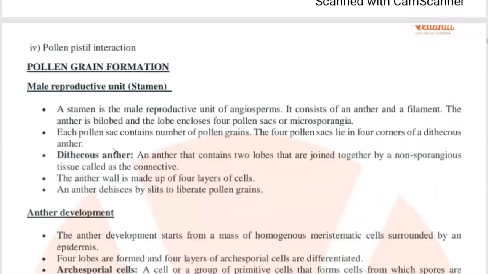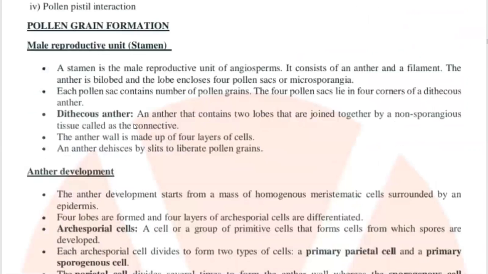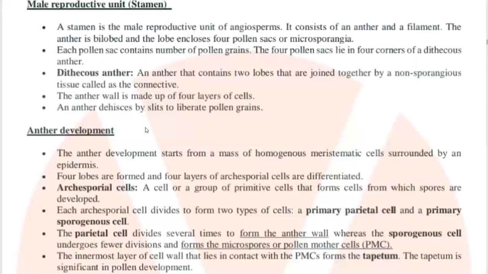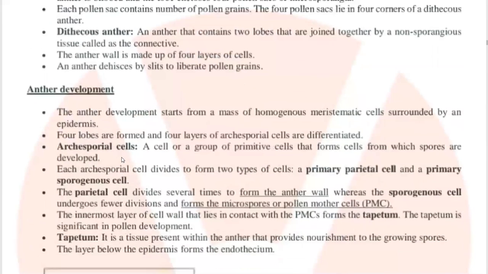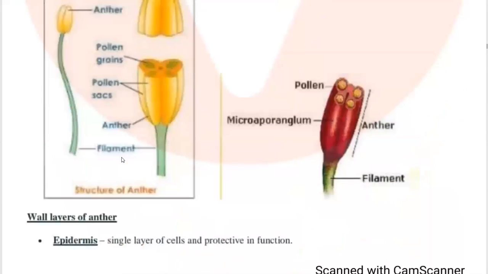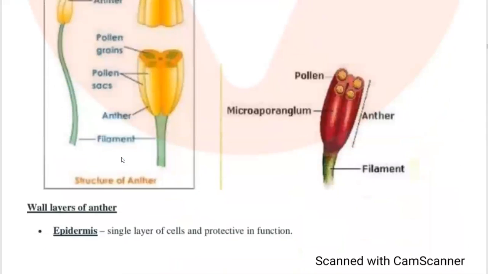Then pollen grain formation is male reproductive. We know that pollen will be formed from the male, so the male reproductive unit is the stamen. Then development of anther. This is the diagram or the structure of anther.